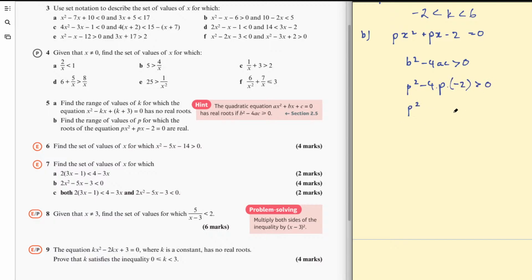So p squared plus 8p is greater than 0. So then factorize. We've got p multiplied by p plus 8 greater than 0. So my critical values are p equal to 0 and p equal to negative 8.